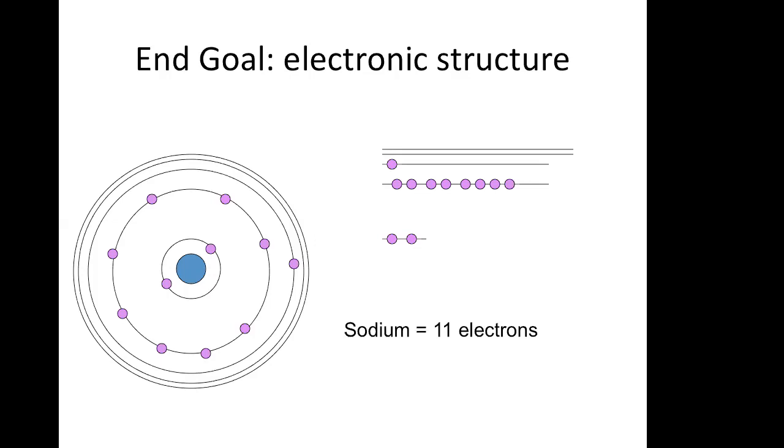But that outside one can do a couple of different things. It can be given up, or it can get lost, which often happens with our metals, or we can add extra electrons to that layer, or the electrons can be shared with other atoms. And so those are all the different ways that we can have chemical reactions.